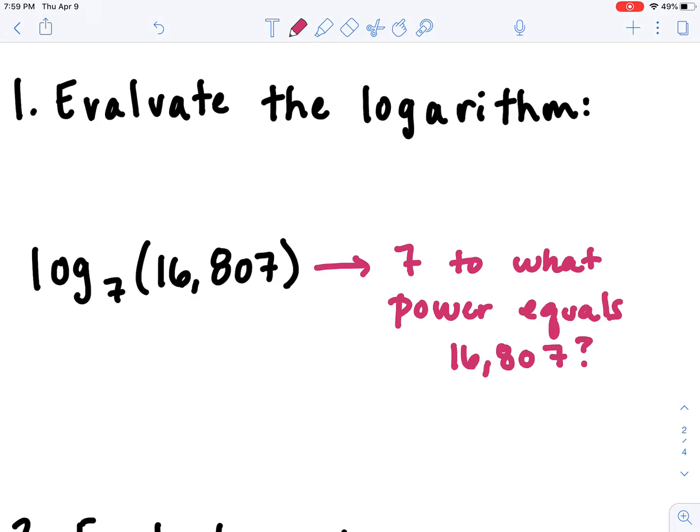So now I'm looking in the 7 row because 7 is my base. So I'm finding 7 and I'm going across until I hit 16,807. And then I want to know what power is that. So I see that that's in the 5th power column, which means 7 to the 5th power is 16,807. So that means the value of this logarithm is 5 because the exponent on 7 is 5.